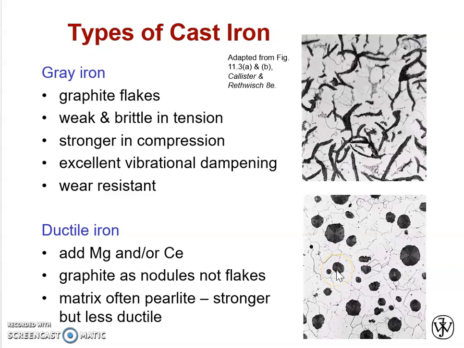For ductile iron, usually magnesium or cesium is added. The matrix is often pearlite, meaning the majority phase is pearlite, and it's much stronger but less ductile. So that is ductile iron.